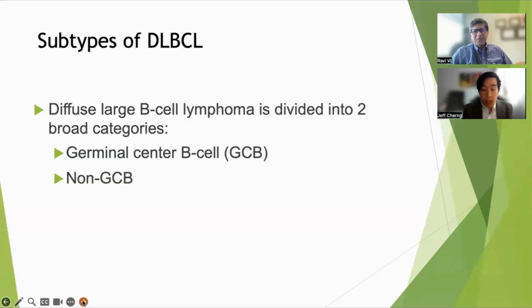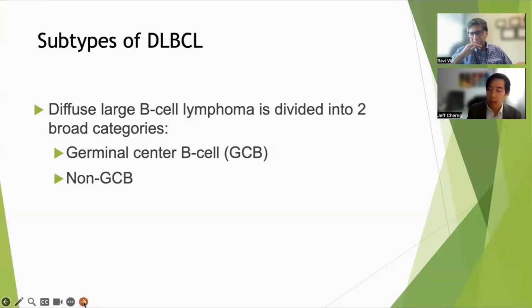And classically, we've known that patients with GCB DLBCL tend to have slightly better prognosis with standard treatment with R-CHOP. And patients with ABC subtype DLBCL tend to fare a little bit worse.